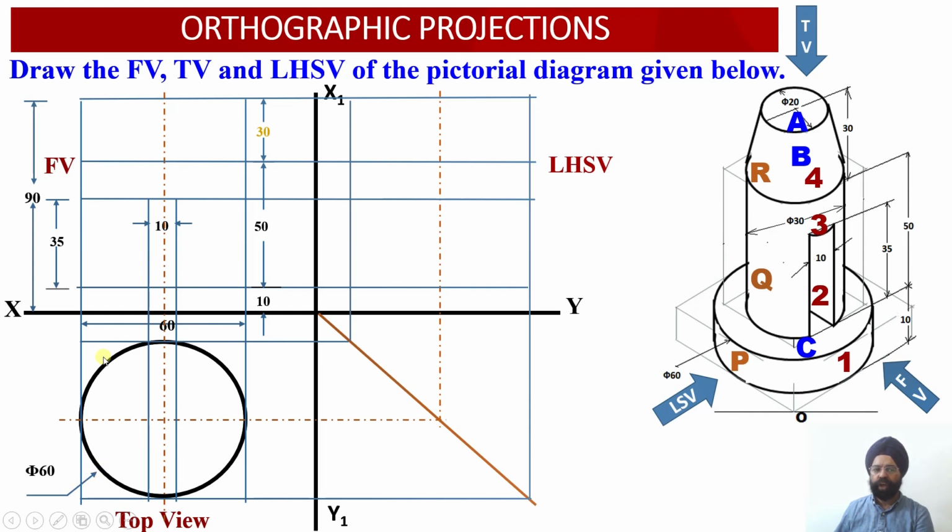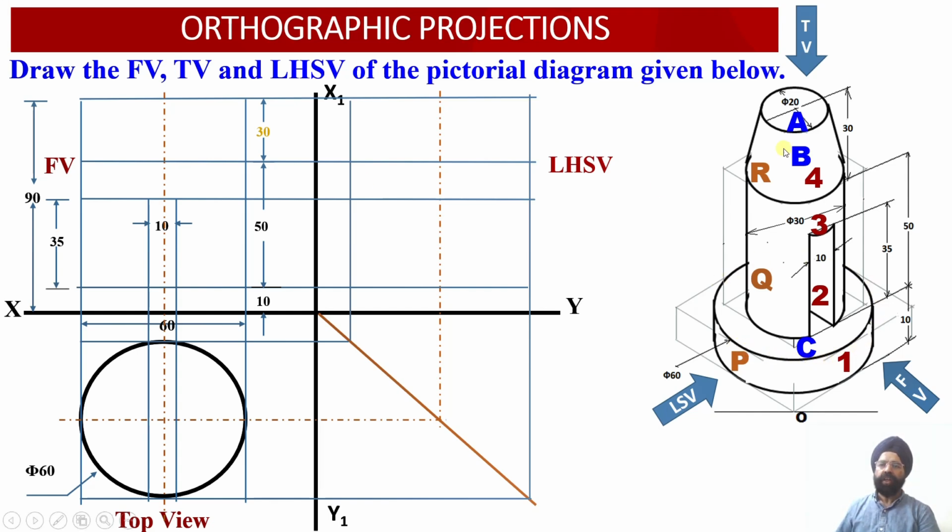Once I draw this circle, it means that I have been able to draw the true shape of the outer portion of the cylindrical element number 1, having a diameter equal to 60 millimeter.